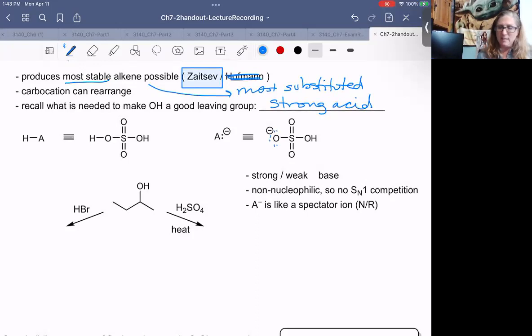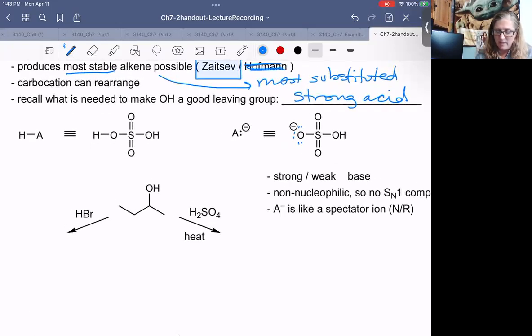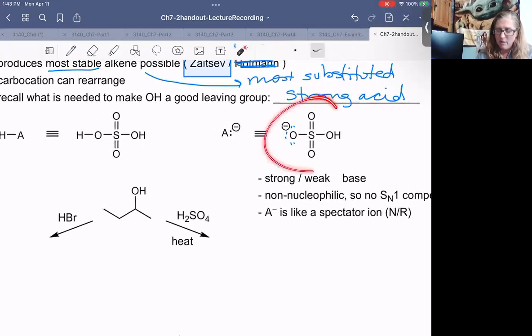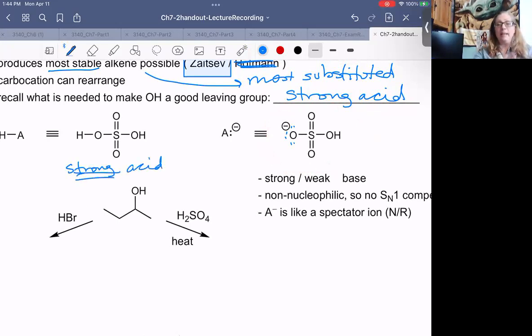And would you say that this conjugate base here is a strong base or a weak base? Remember, sulfuric acid is one of our strong acids. It is so strong that it fully dissociates in water, fully protonates water. Well, if you have a strong acid, then its conjugate base must be a very, very weak base.